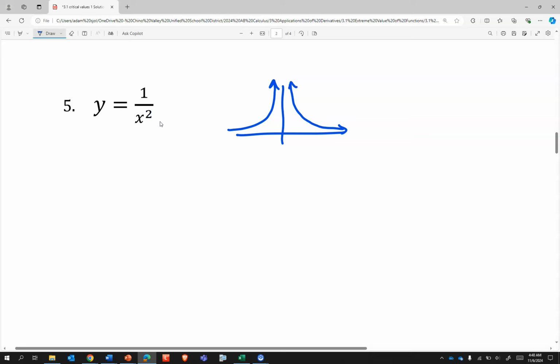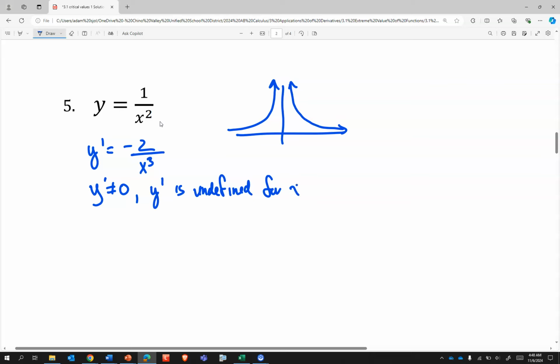The only place where we're going to get a derivative undefined, let's see, so negative 2 over x cubed for the derivative. The only place we get a derivative that's undefined is at 0. And so maybe we'll do it that way. Y prime is never equal to 0. Y prime is undefined for x equals 0.